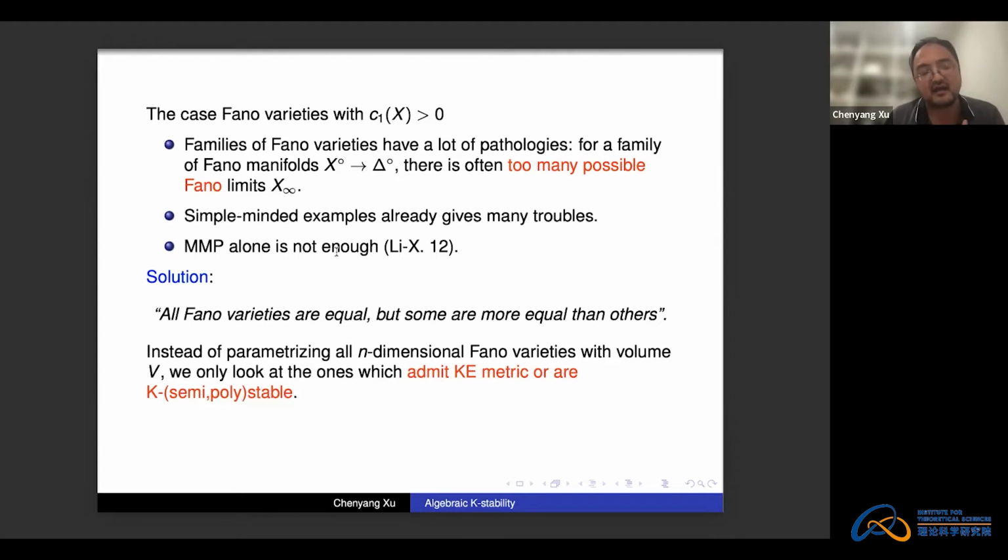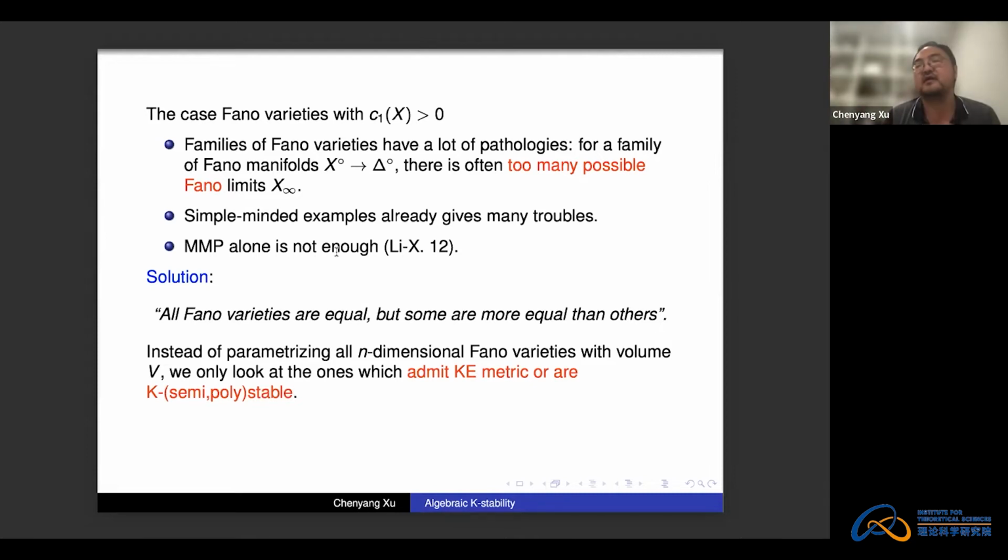But on the other hand, if you just use the definition of K-stability itself to prove this, at least for quite a while, it was very difficult to understand how the stability notion varies when you have a family of Fano varieties.